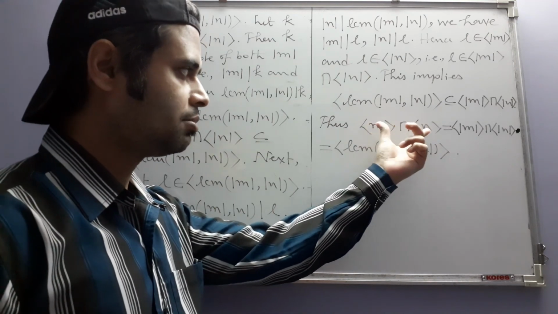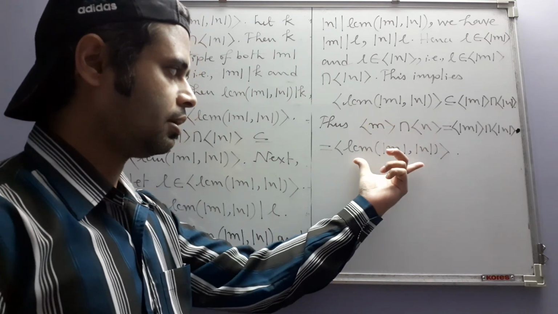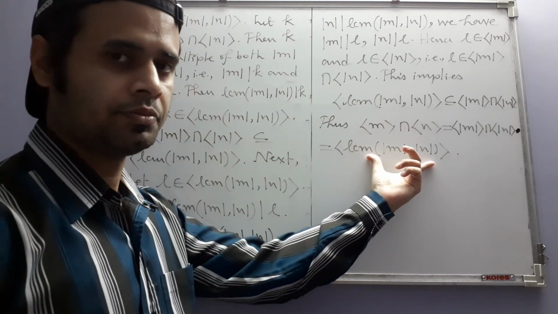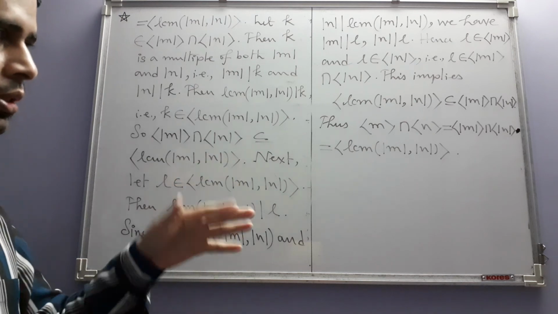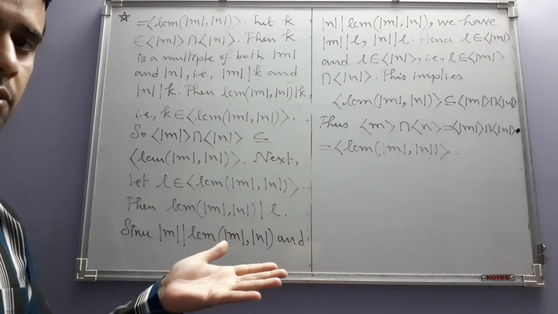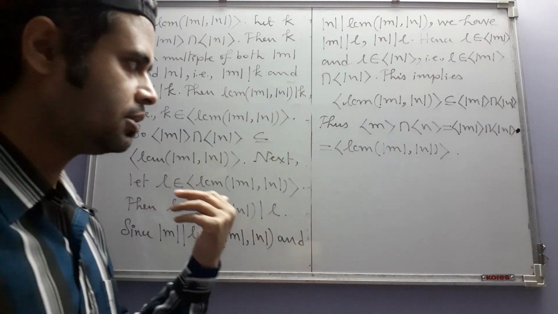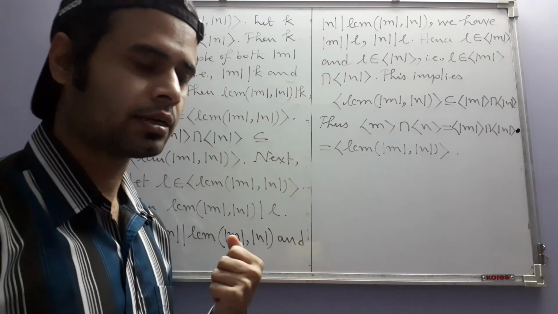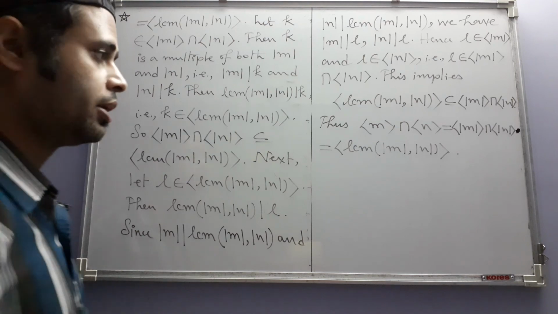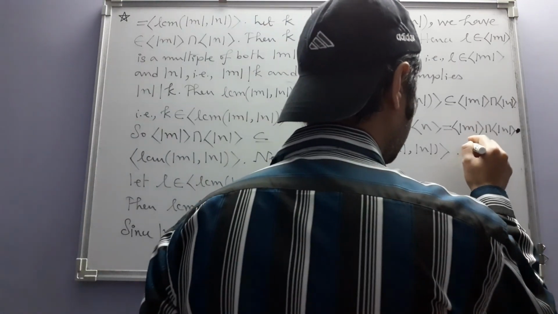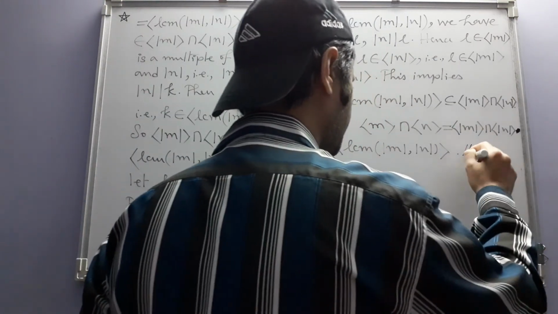But if both of them are non-zero, then the LCM of these two numbers is a generator. In both the cases the intersection is a cyclic group, just like every subgroup of Z is a cyclic group, and these are the two generators in the two cases. So that completes the solution.